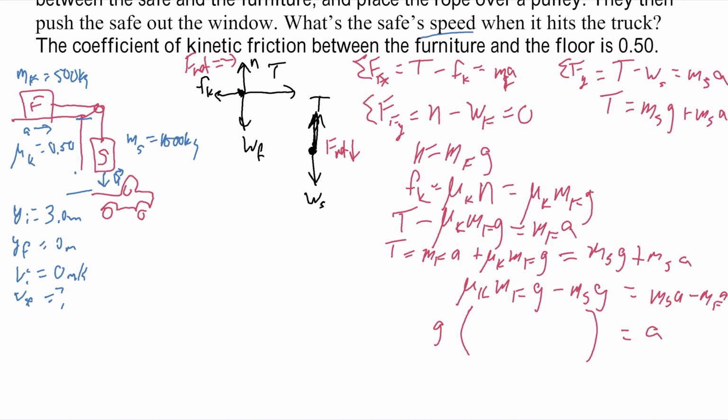When I took out the A on the other side, I would have M sub S minus M sub F, and I'll have to divide. And that's what I get. When I took out the G, I have the mu sub K, M sub F, and the minus M sub S left over. So that's what I have.